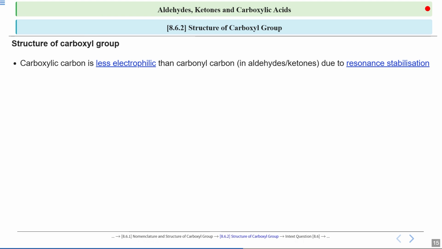If we focus on the electrophilic nature of the carboxylic carbon, unlike the carbonyl carbon in aldehydes and ketones, the carboxylic carbon is less electrophilic. This is because of resonance stabilization, which means the electrons are more spread out, making the carbon less reactive to nucleophiles.